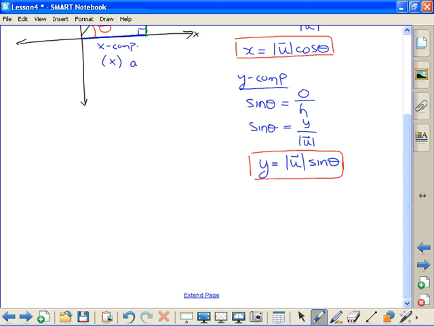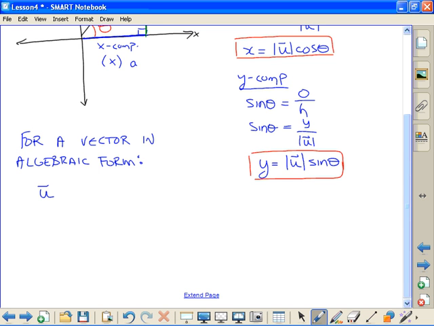So what does that mean? It means that for a vector in algebraic form, you can write it two ways.